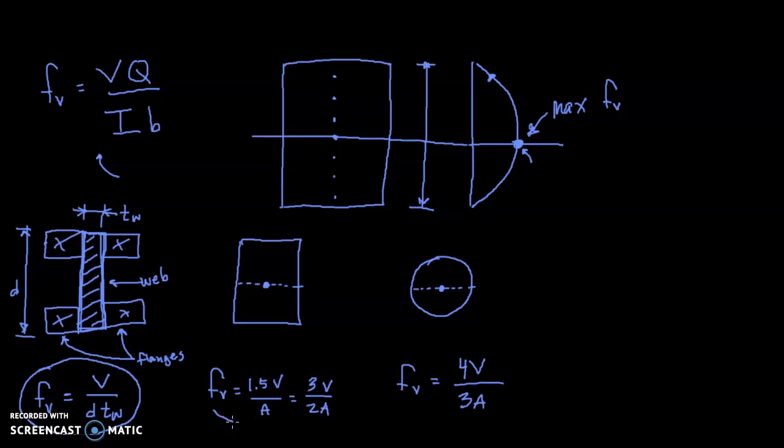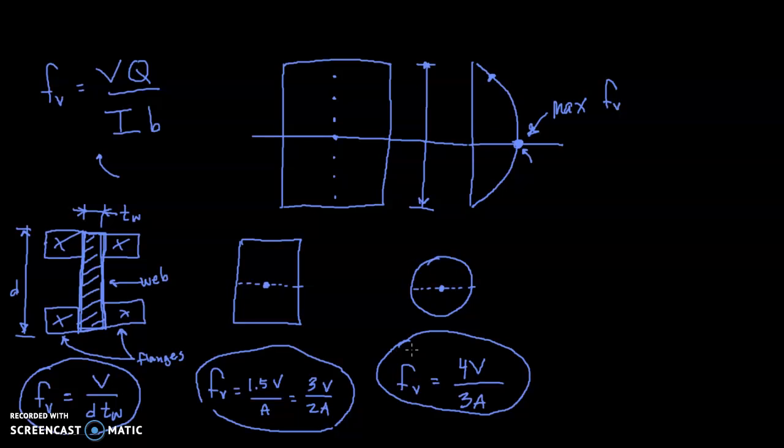So these are really the three formulas that you are going to be using going forward when we do beam analysis and we are evaluating the shear stress. So 3 separate formulas for 3 different shapes. Now, I don't believe we're going to have any cross sections that are different than one of these 3.